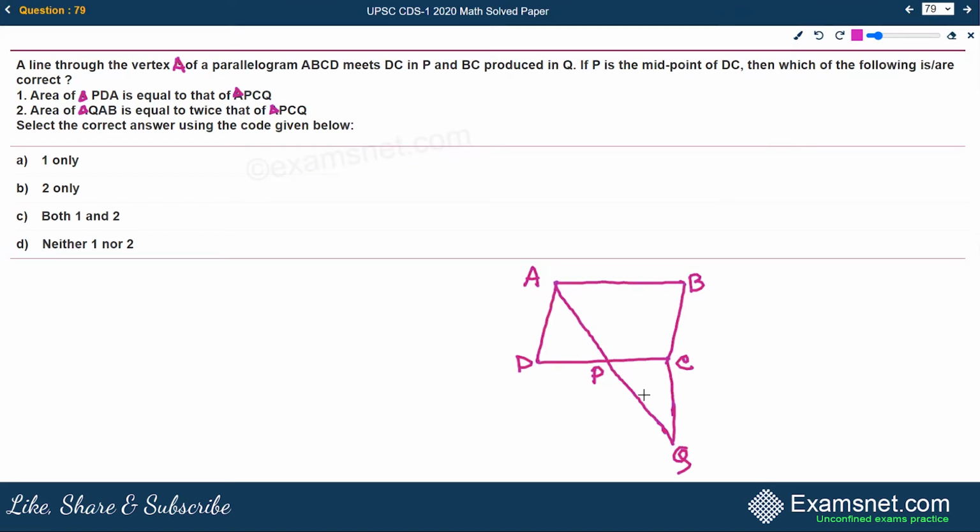Select the correct answer using the code given below. The concept we are going to first use here is that triangle ABQ and triangle PCQ are similar triangles.